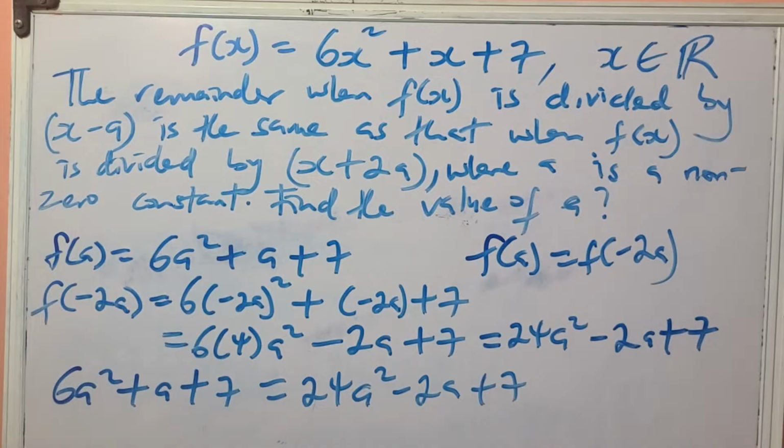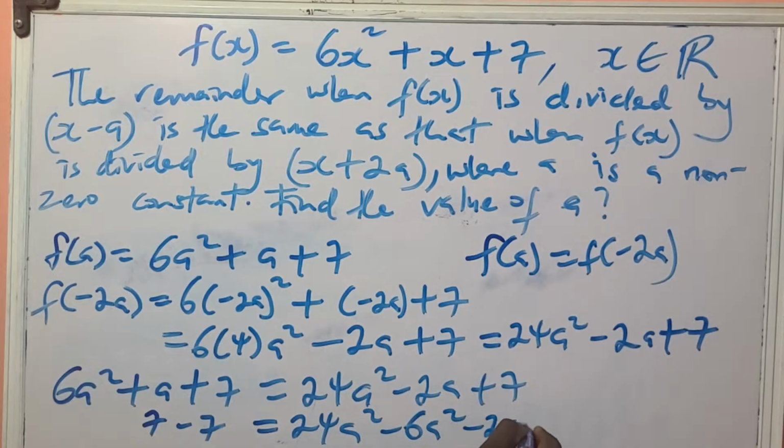Of course, what you need to do is to bring in the a squared terms, and let's fix in all the constant values here. That will be 7 minus 7, equal to 24a squared minus 6a squared minus 2a minus a.